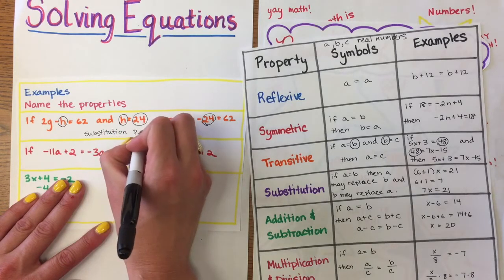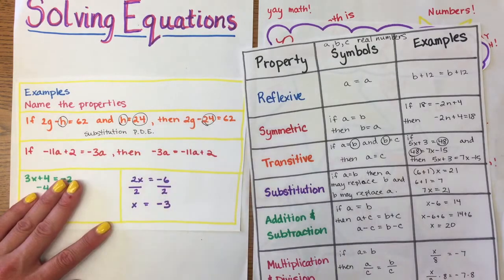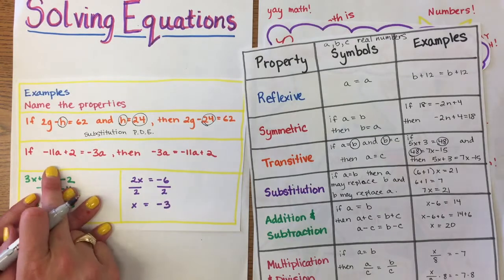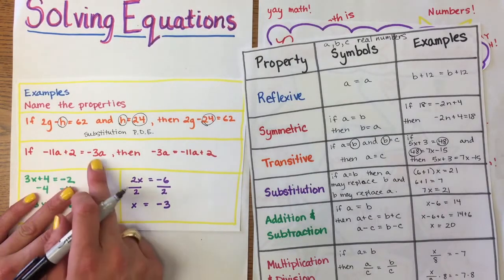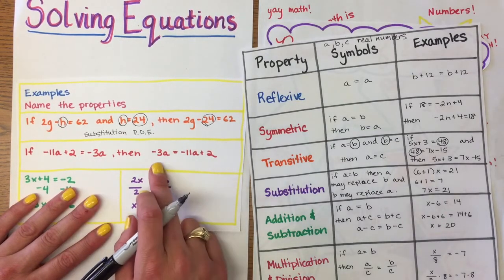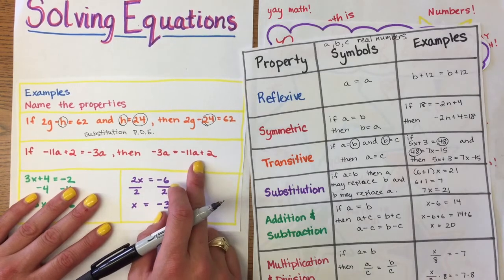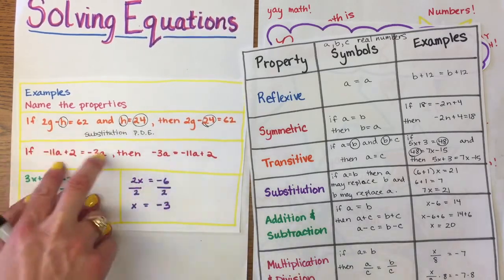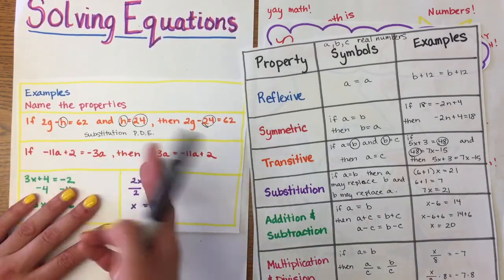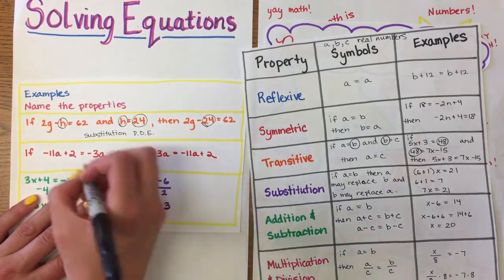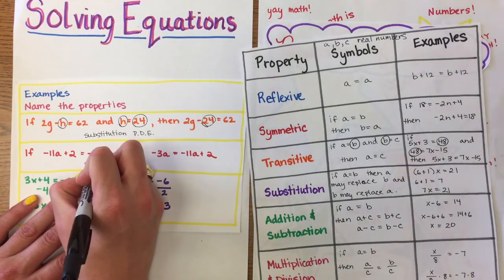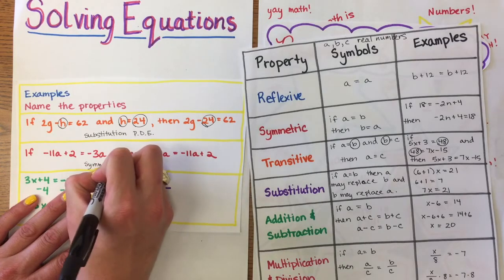And I'm going to use POE for property of equality. If -11a plus 2 is equal to -3a, then -3a is equal to -11a plus 2. The two things flipped sides, so this is going to be the symmetric property of equality.